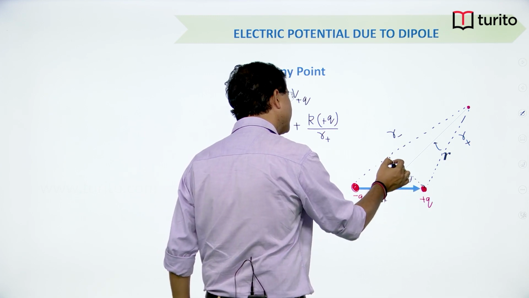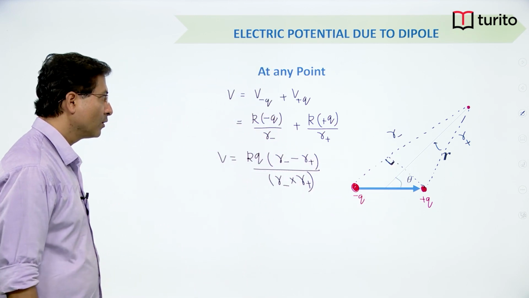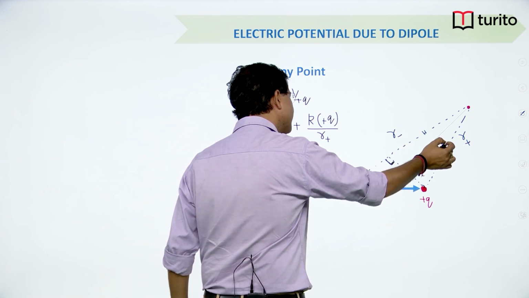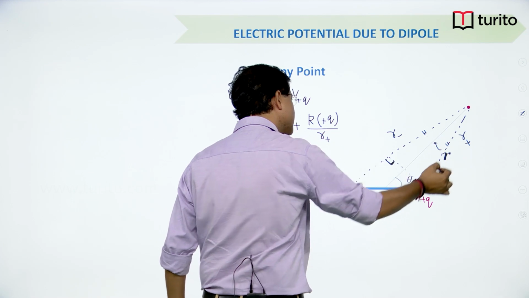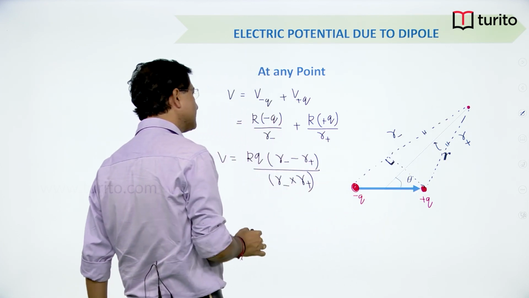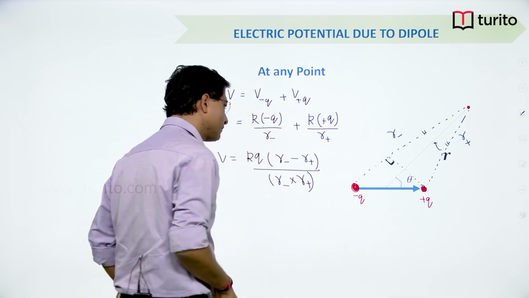So I have drawn the perpendicular. From here onwards, this distance will be the same as this distance. So the difference r minus minus r plus is only because of this.